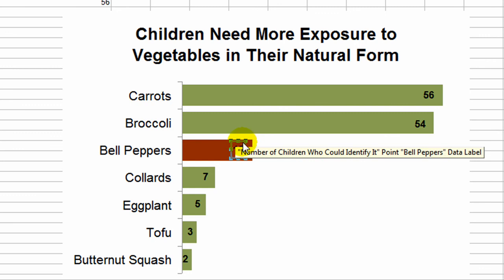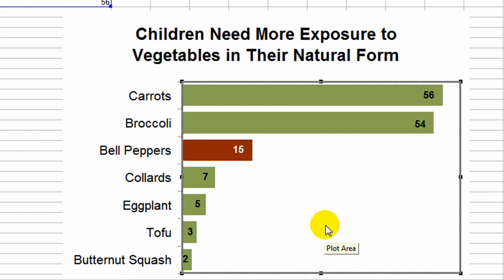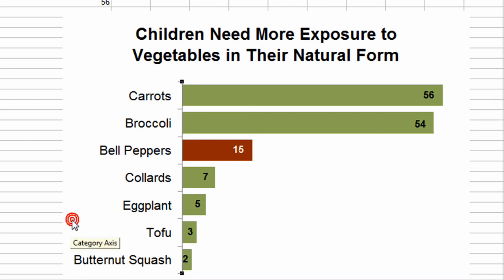Say the main point was about the bell peppers. Then I could highlight that using color. So that's another good point to make. Use color to emphasize your point, make it very clear. You don't want people to have to look at this chart and figure out, okay, so what's the point? Make it obvious, and they don't have to guess so much.